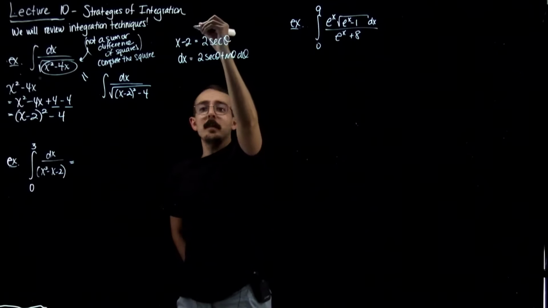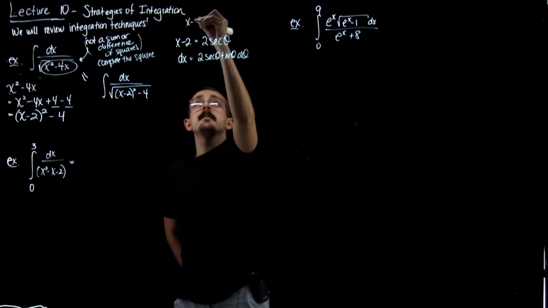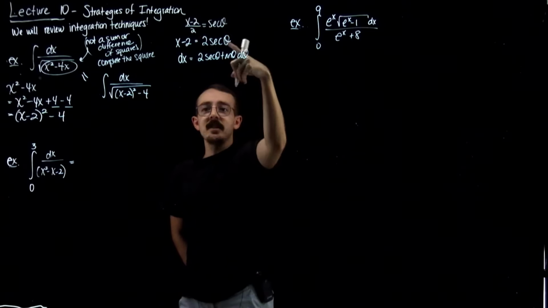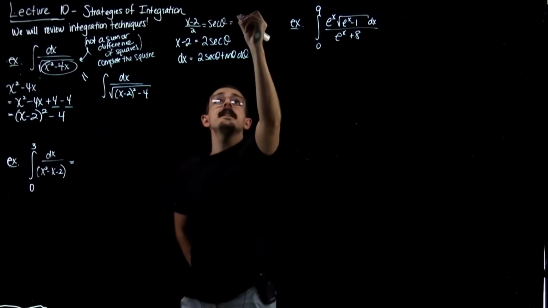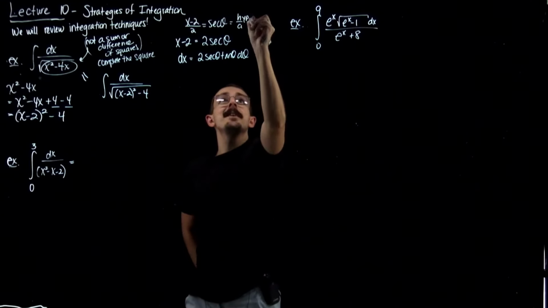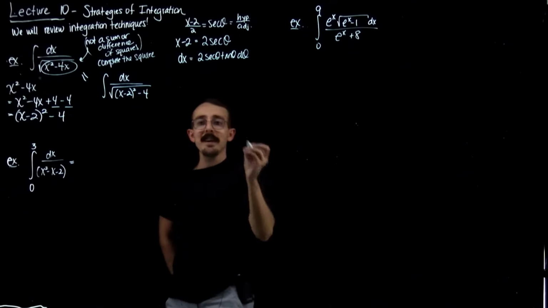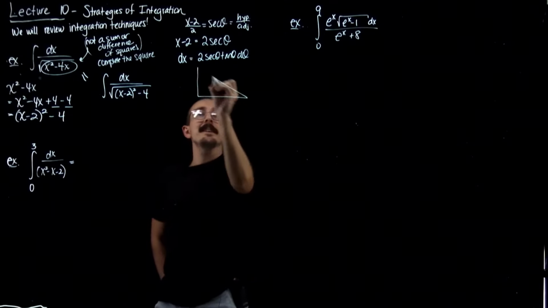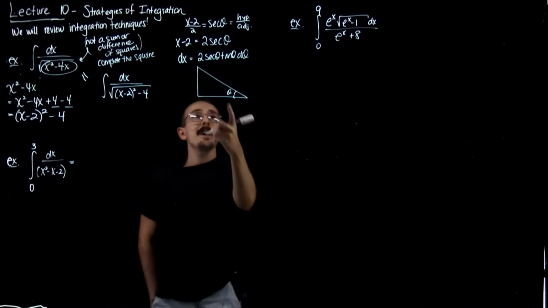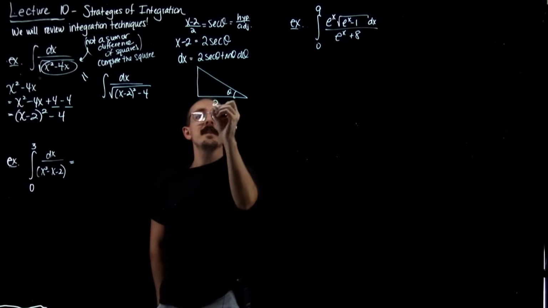And while I'm at it, I'm going to do some stuff for my triangle. So if you go up here, I'll just say x minus 2 divided by 2 is secant, just solving this equation. And we know secant is hypotenuse over adjacent. I kind of like doing it this way, now that I've done a bunch of these. I'm going to go ahead and draw that. So adjacent is 2.